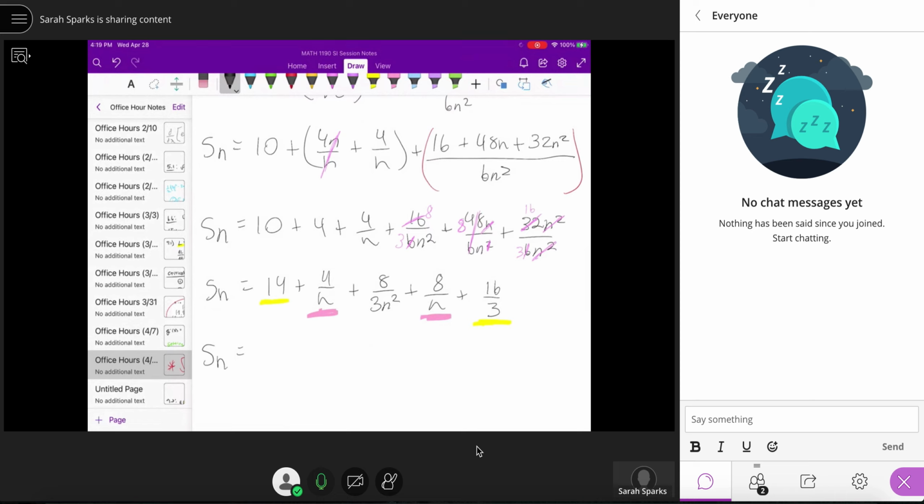So we can rewrite that 14 as multiplied by 3 on the top and bottom. So we should get 42 on the top and 3 on the bottom, plus 16 over 3. So we're going to add those together, and then plus our 4 over n plus 8 over n is going to be 12 over n, and then plus 8 over 3n squared.